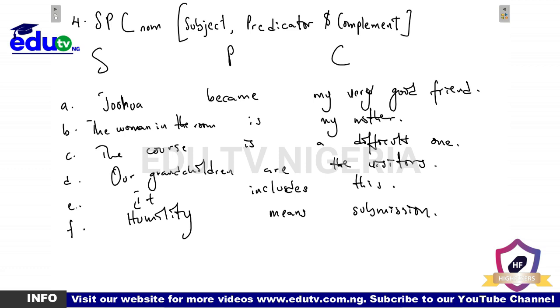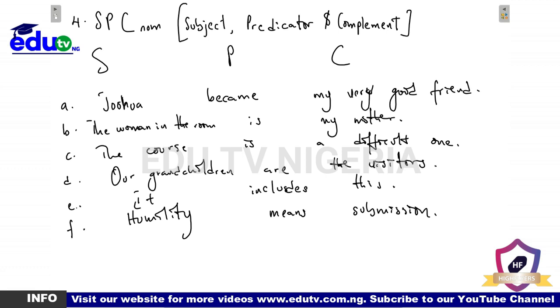A difficult one is the complement. Our grandchildren is the subject of the fourth sentence. Are is the predicator. The visitors is the complement. It is the subject of the fifth sentence. Includes is the predicator, and this is your complement. And then humility is the subject of the last sentence. Means is your predicator, and submission is your complement.